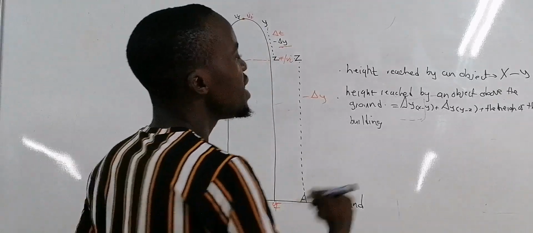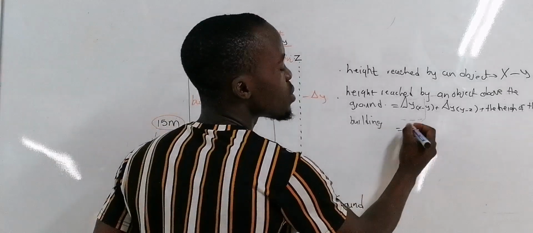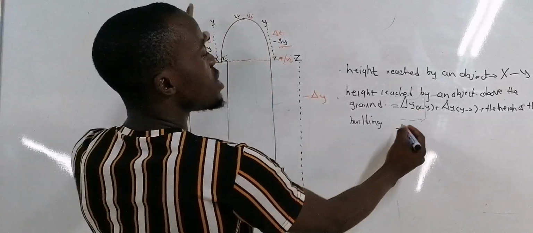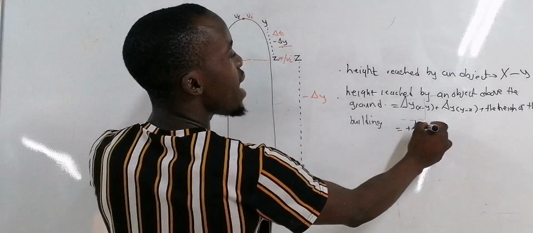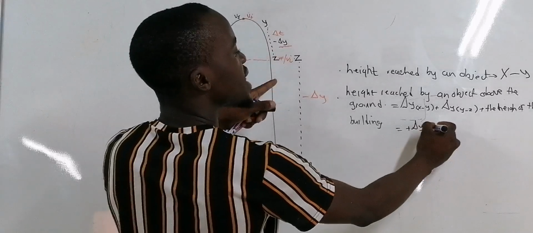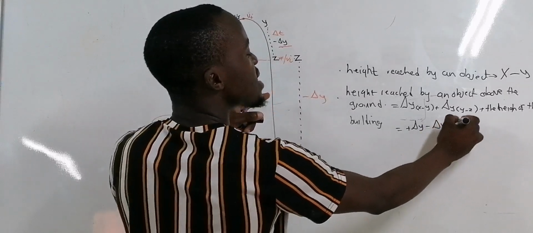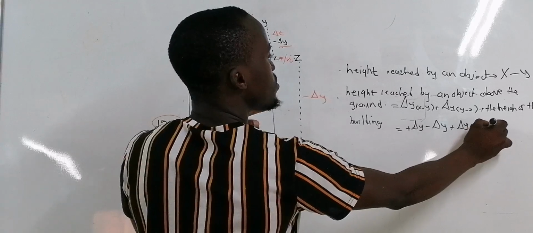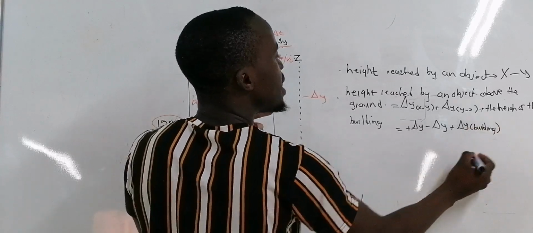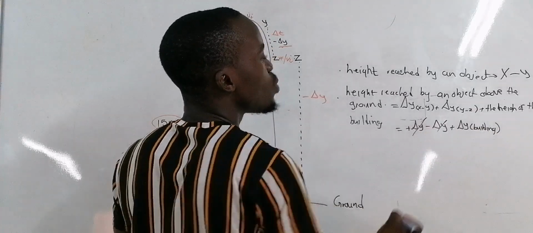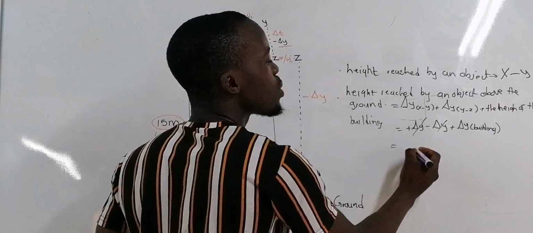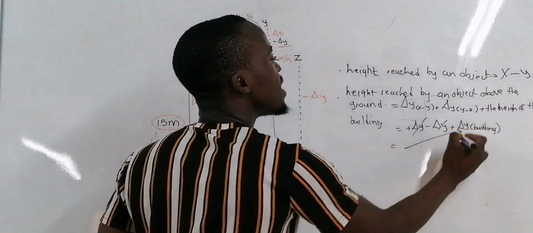You add them, meaning that you're going to have something that looks like this. You know that the height here is positive, so positive delta y. Then the height here is negative, negative delta y, plus the height of the building. These are going to cancel. Now the height reached by an object above the ground becomes the height of the building.